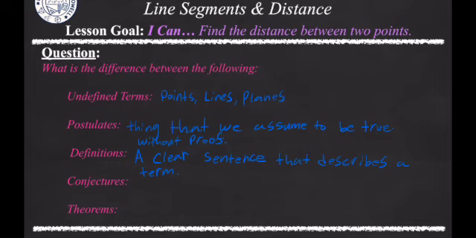A conjecture. A conjecture is something that we think is true, but we don't have a proof for it.